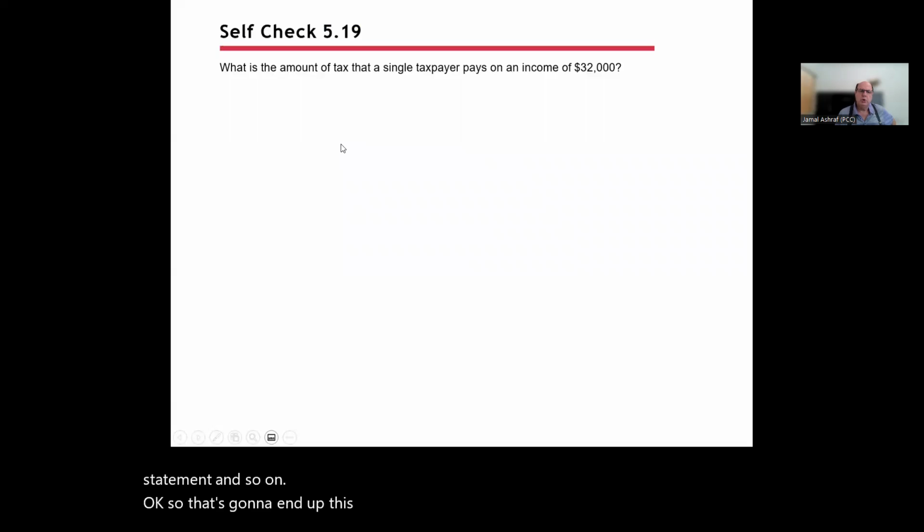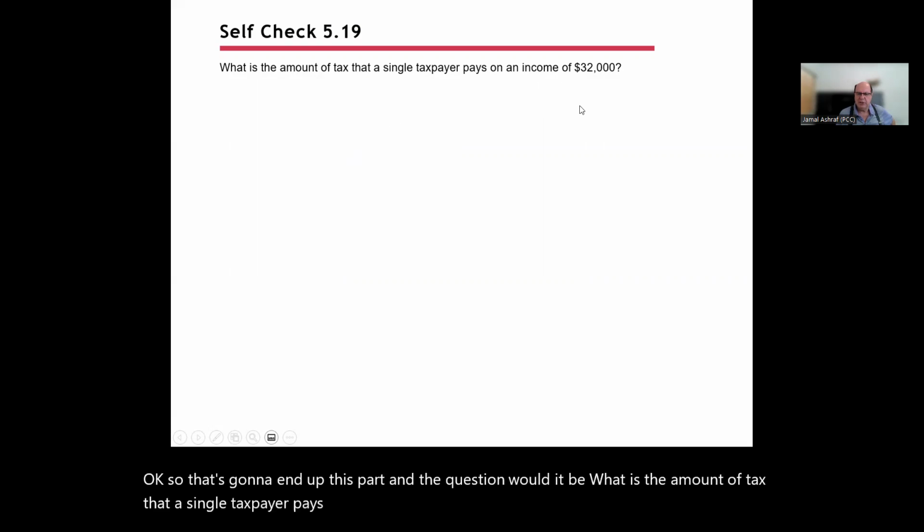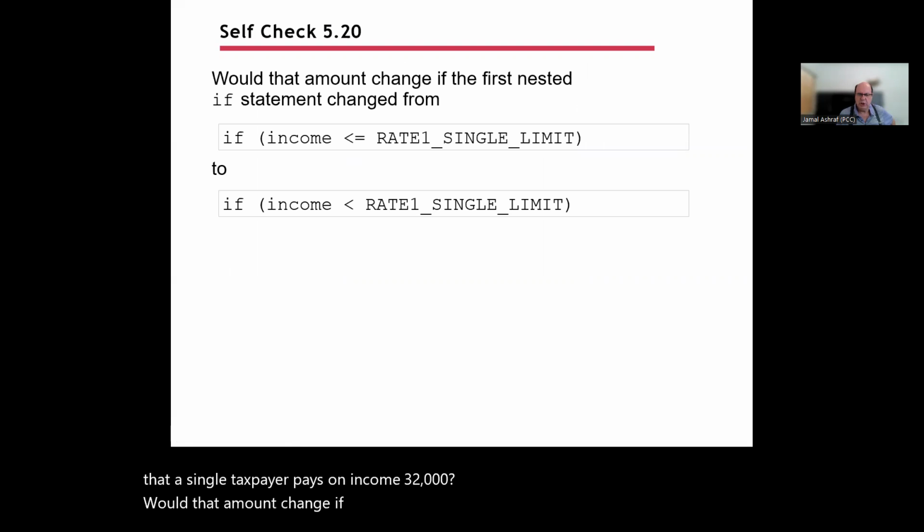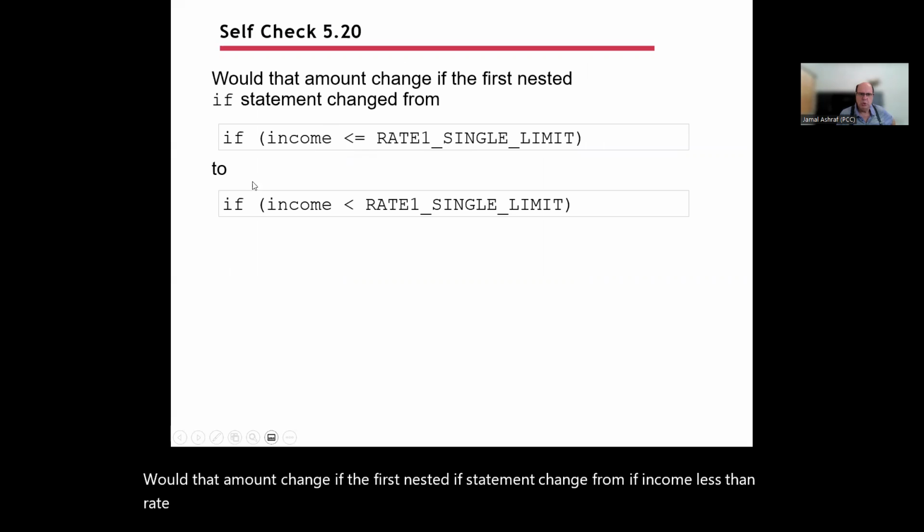And the question would be, what is the amount of tax that a single taxpayer pays on an income of 32,000? Would that amount change if the first nested if statement changed from if income less than rate one single limit to if income less than or equal? So we have less than or equal over here, we have less than here.